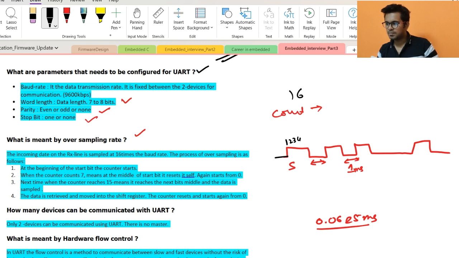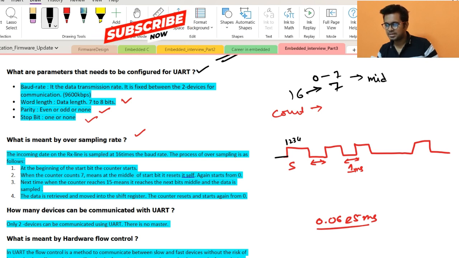But when the first start bit is triggered, the counter only goes up to 7. So it will go from 0 to 7, and the counter reaches its midpoint. When it reaches the middle, we can assume that this is also the middle of the start condition. So here the counter value is 7. From here the counter will reset itself and again start counting from 0.